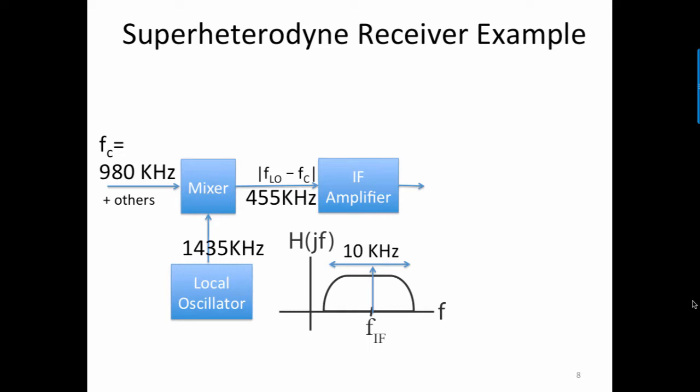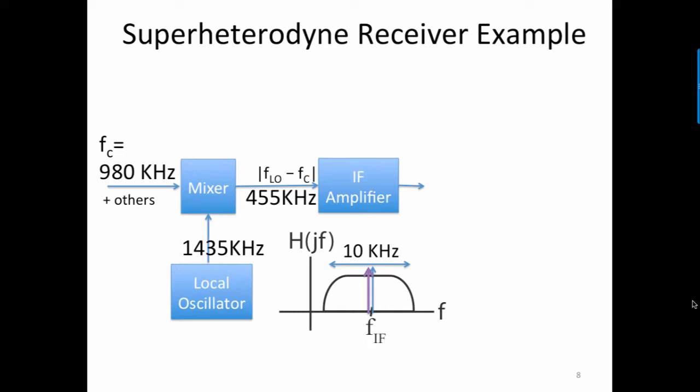However, will any other frequencies enter the mixer with this local oscillator and also produce the IF frequency? If so, we would have a second signal in the IF passband as shown in purple on the transfer curve.